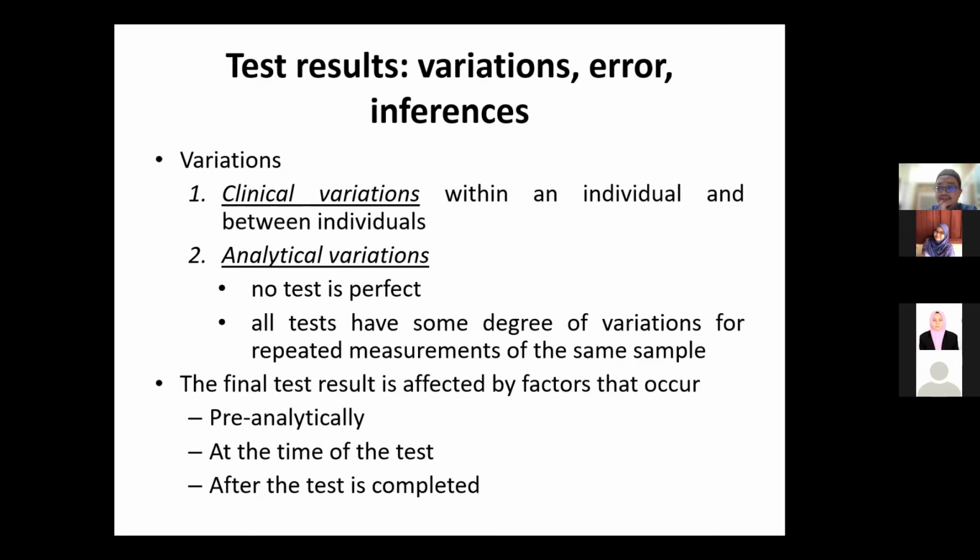Earlier we talked about errors. The results we get could have an error, be due to variation, or involve inferences. Clinical variations are mainly factors from an individual or factors between individuals. And then analytical variations are there because no test is perfect.